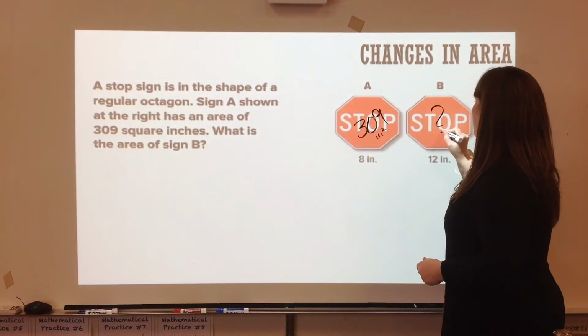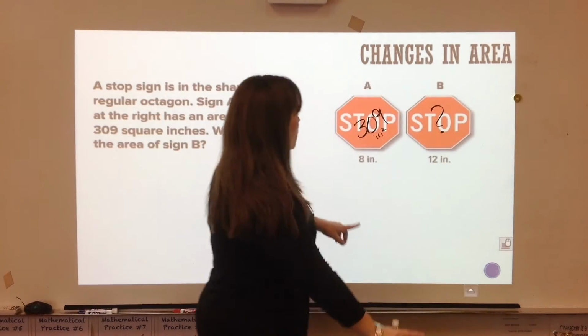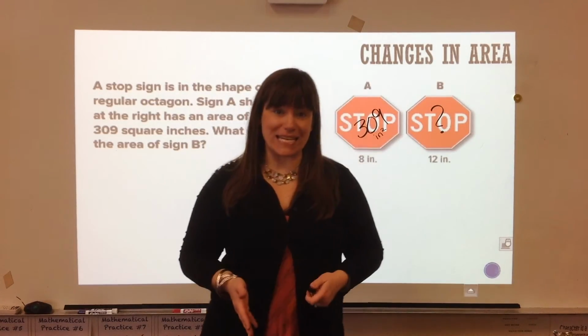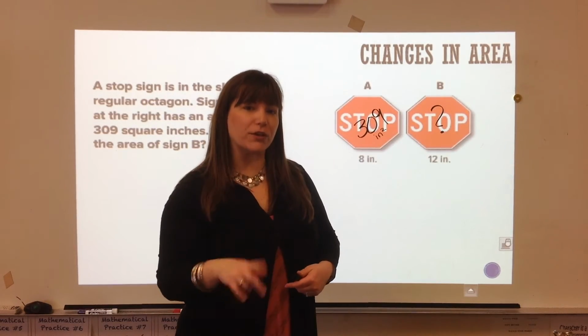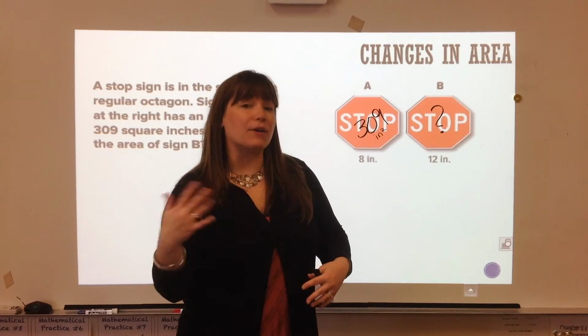We want to know the area of sign B, but the only thing they give us are these two corresponding sides, and that's all that we need because of what we've learned about what happens when we have a change in dimension and how it affects area.